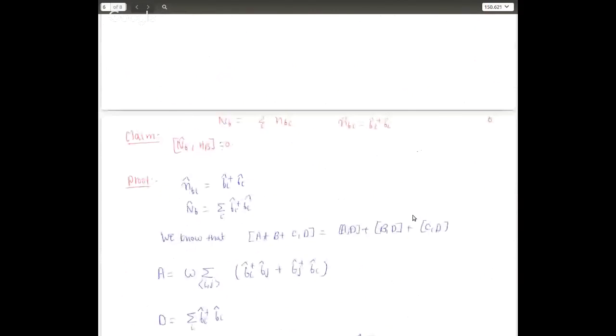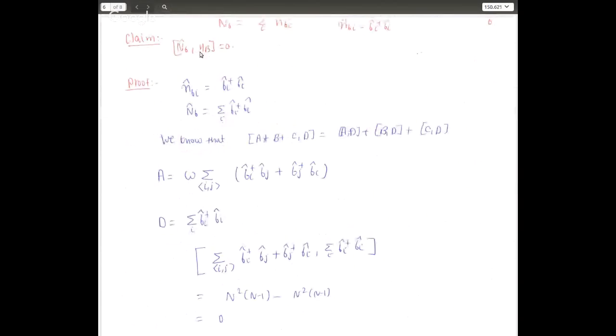Finally, you can see that the Hamiltonian commutes with the total number operator. I define a number operator on each site as b_i dagger b_i. If you sum over all possible i, you get the total number of bosons. If you look at the commutation of this number operator with the Bose-Hubbard Hamiltonian, you will find that it commutes.